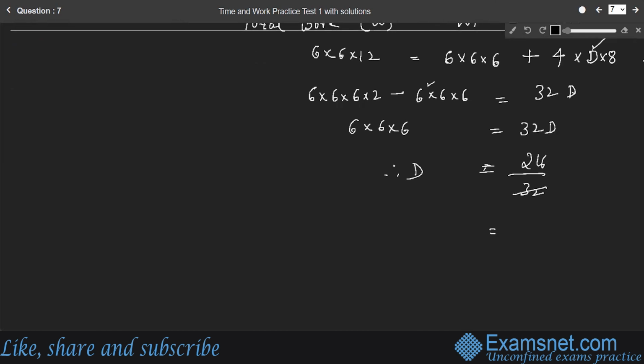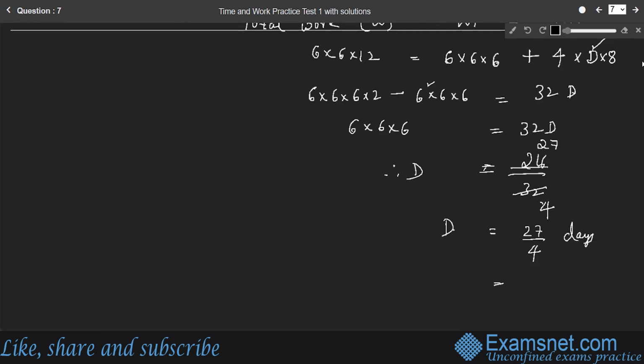8 into 4, then 8 into 2 is 16, then 8 into 7, right? So we have 27 by 4. 27 by 4 number of days. So to complete the remaining work, they take 27 by 4 number of days.